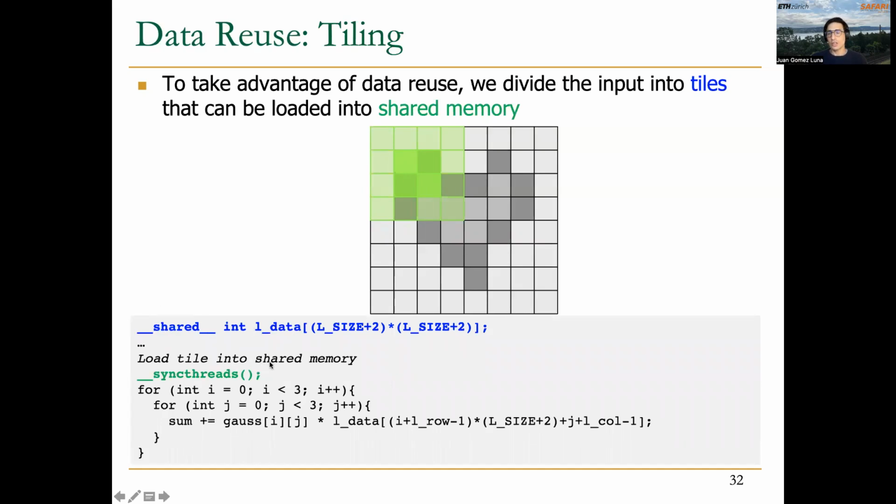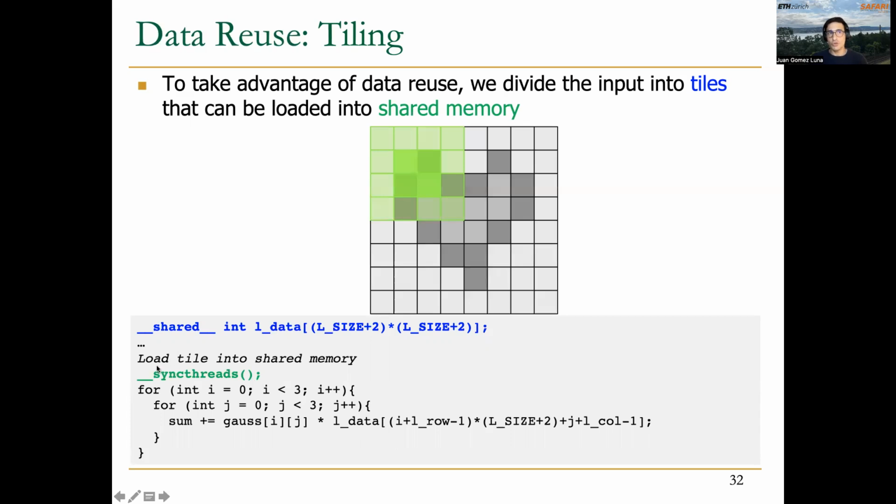Then we load the entire tile from the global memory, the off-chip memory, into the shared memory, and then threads will simply access the pixels that they need for their own computation for applying the filter. They will access these pixels from this array L data that is in shared memory.